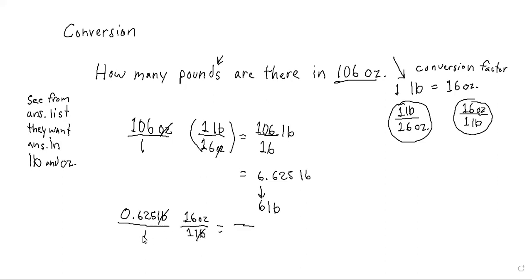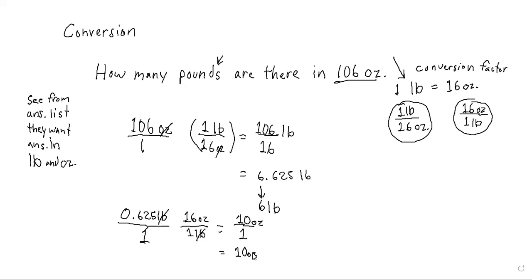On the bottom, we have 1 times 1, which is just going to give us 1. And on the top, we have 0.625 times 16 ounces, which comes out to 10. So we have 10 ounces, right? Now we know anything divided by 1 is itself, so this is just 10 ounces. So 0.625 pounds works out to 10 ounces.